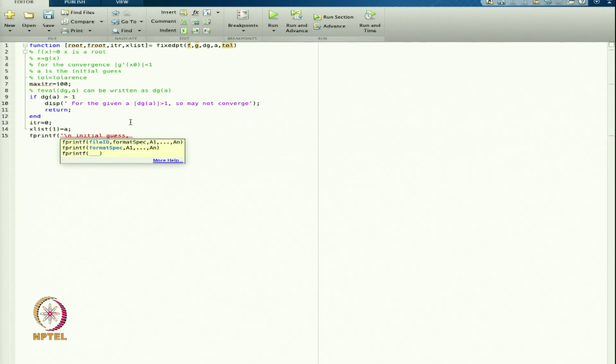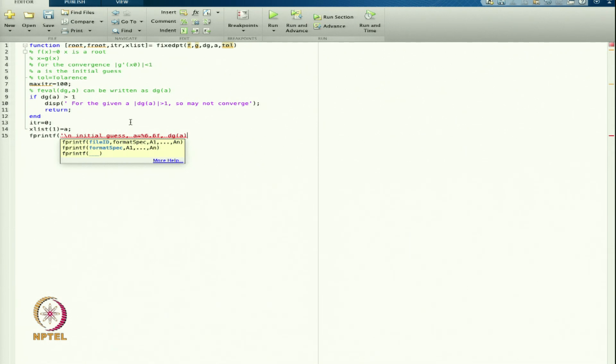So, I can give the value of a, that is equal to, maybe I can write, percentage sign, and then I can define 7.6f. Then I can give my dg at the value of a.